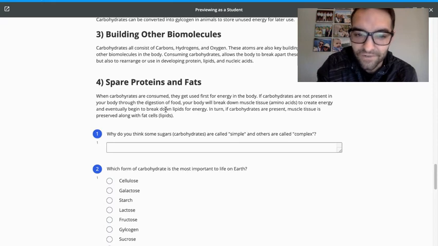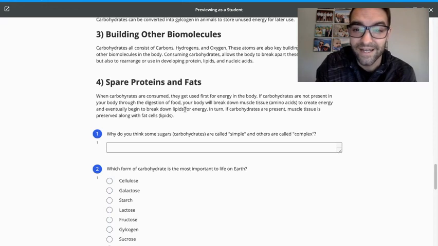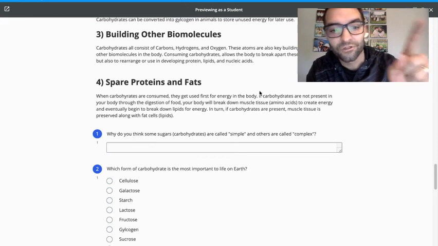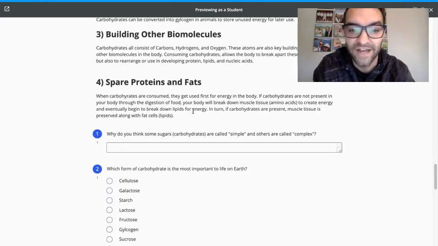And this is where some nutritional and dietary concepts come from. Eventually, your body will begin to break down lipids. You might have heard of intermittent fasting, right? It's kind of a newer thing over the last couple of years, but you're intentionally not eating for a certain range of time, and that forces your body to start breaking down fat cells for energy.